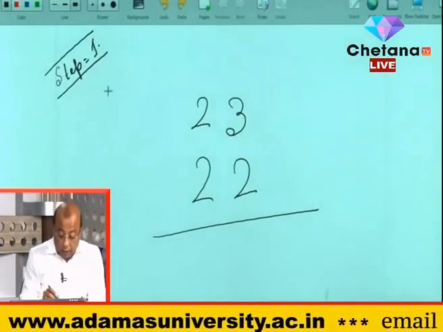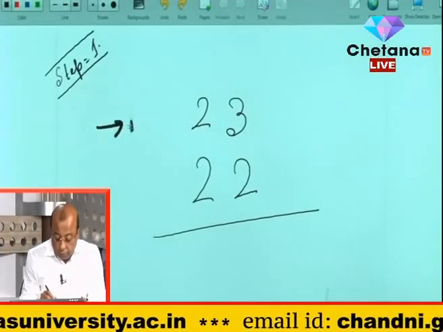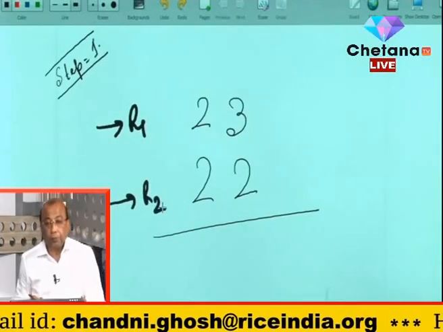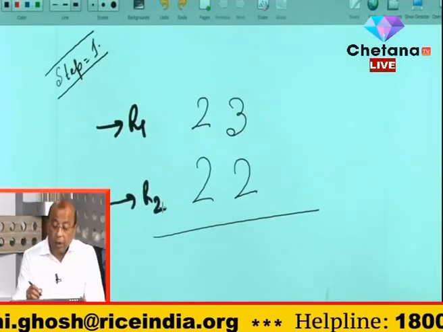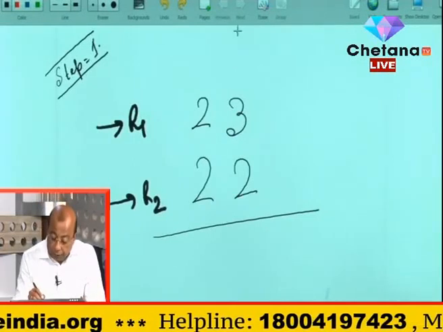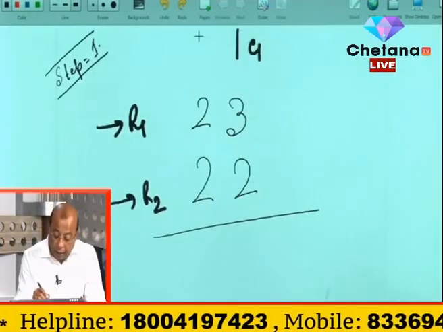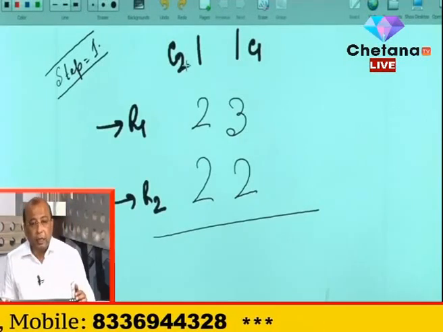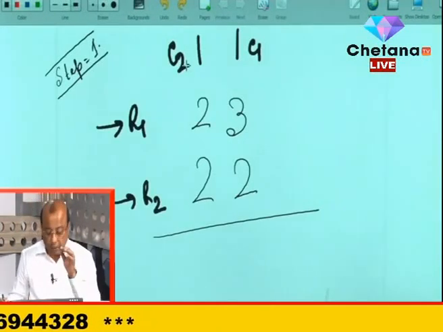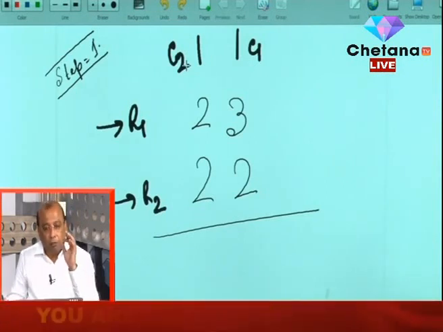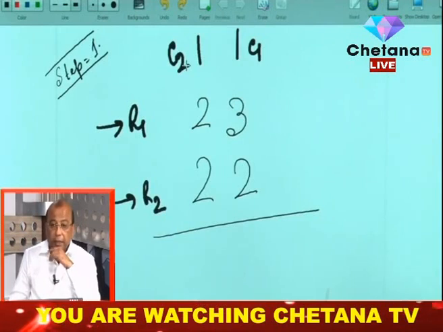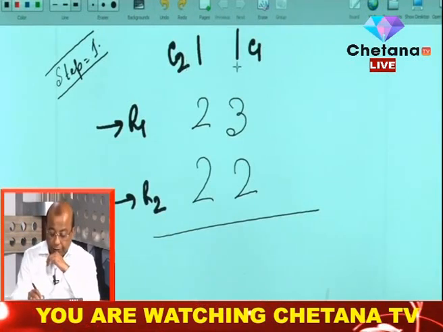Yes, we know this is row 1, this is row 2. And when we consider the columns, this is the first column C1 and this is the second column. First try to understand, then you will start to exercise this process. When we consider the first column, the symbol is straight.